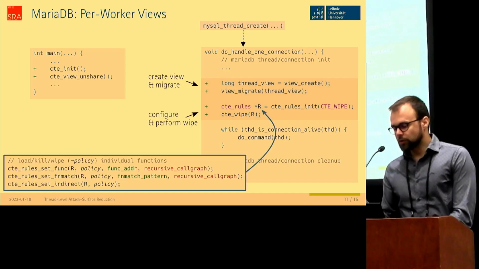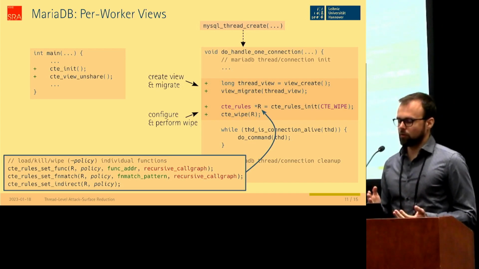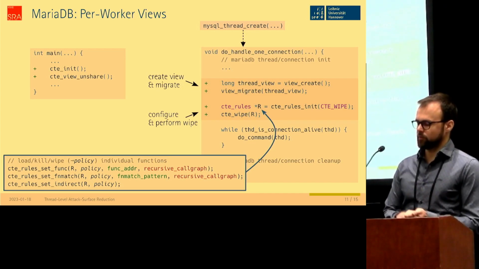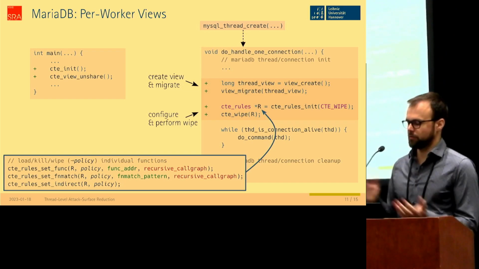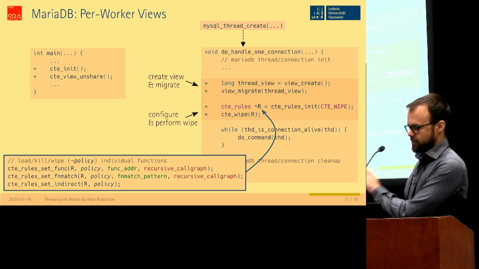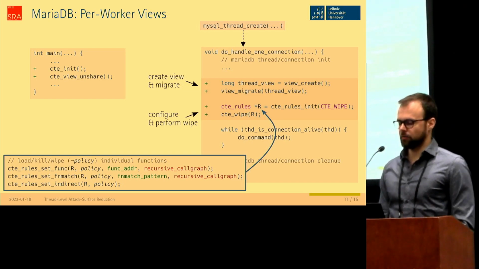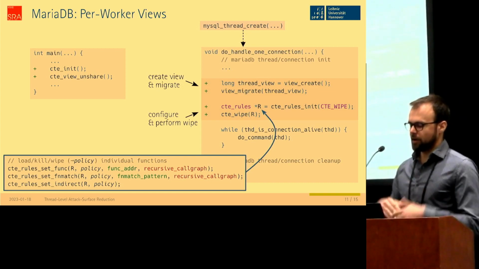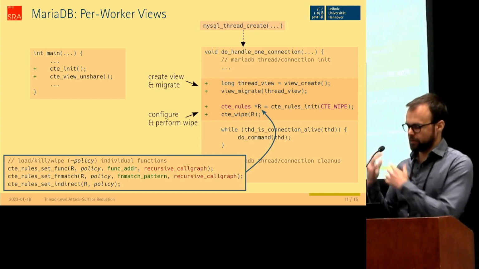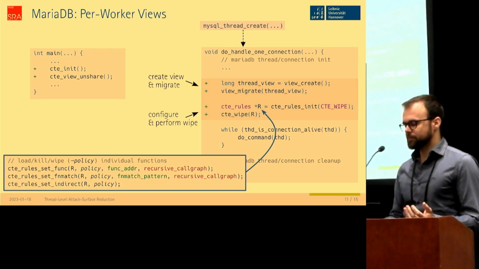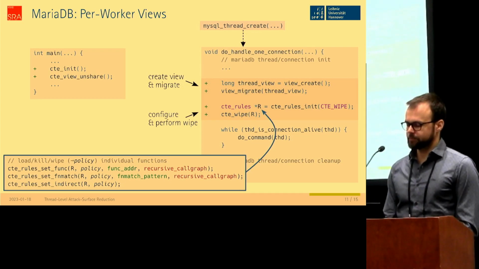If we want, we could have fine granular control over which functions to wipe, kill, or which functions remain loaded, but we don't use this in this scenario. So after cte_wipe everything, but the entry function which we are currently executing is wiped and gets restored on demand.